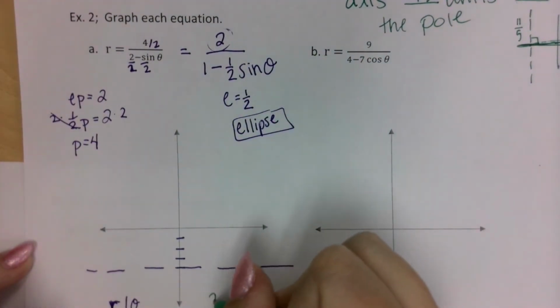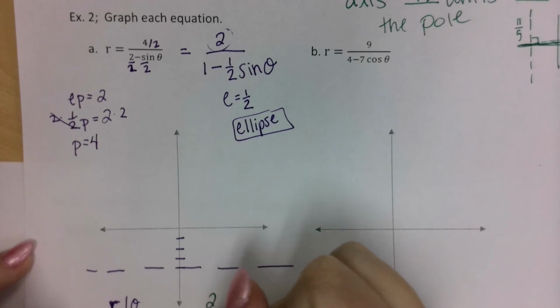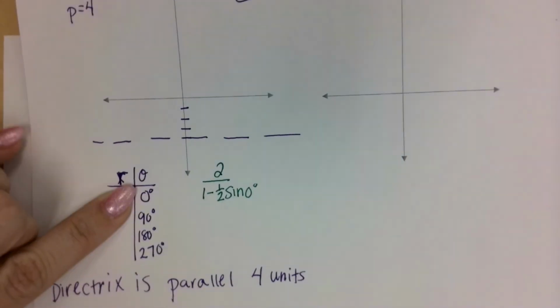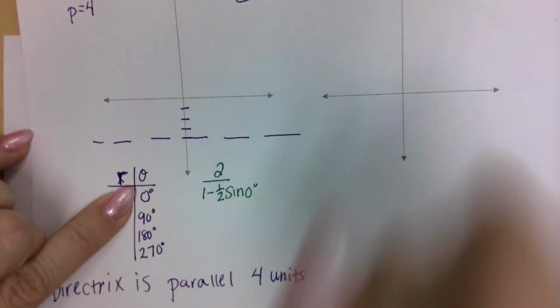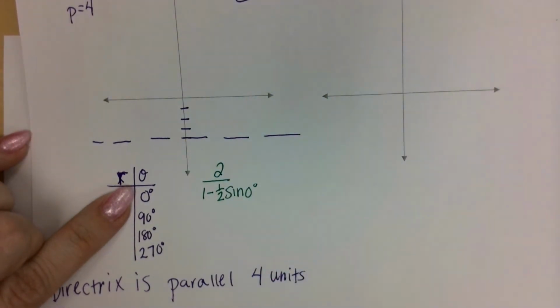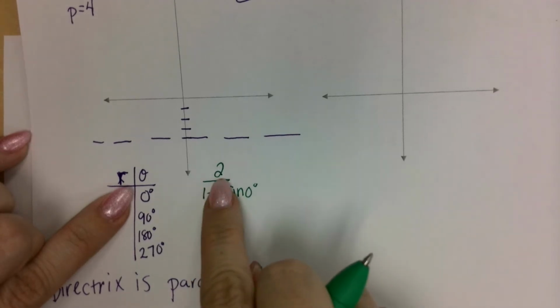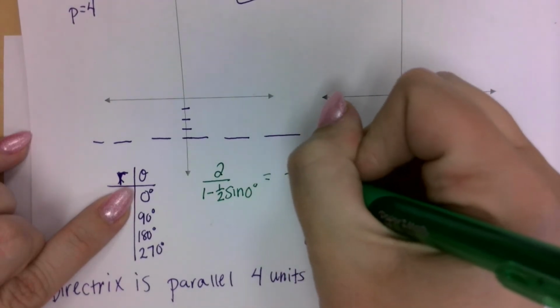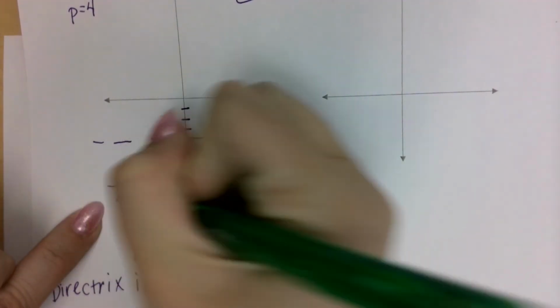So I've got 2 over 1 minus a half sine of 0 degrees. Well, sine of 0 degrees, I hope you haven't forgotten about your unit circle. Sine of 0 is 0, so 1/2 times 0 is 0, so we end up with 2 over 1, which is just 2.